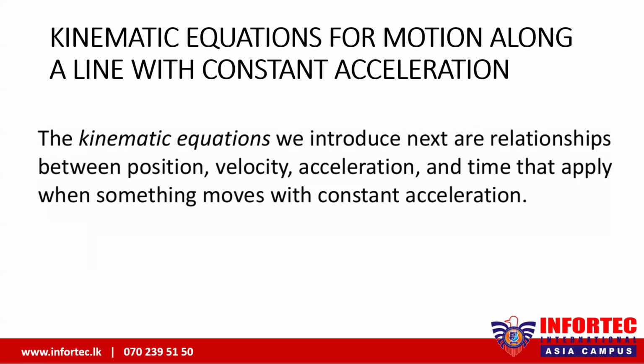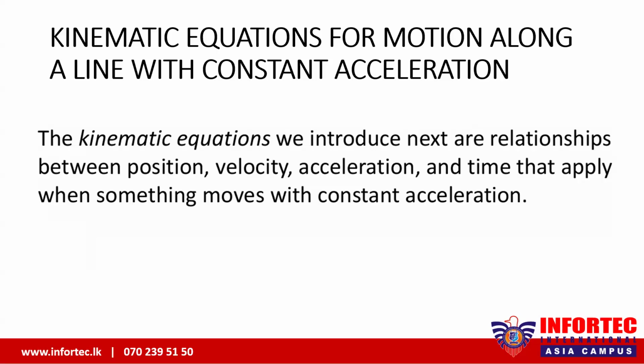We consider here that acceleration is constant along the straight line. We can find initial velocity, final velocity, acceleration, time, and displacement. We can see some relationships between position, velocity, acceleration, and time.